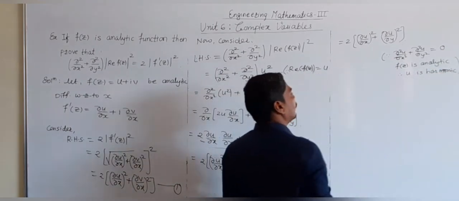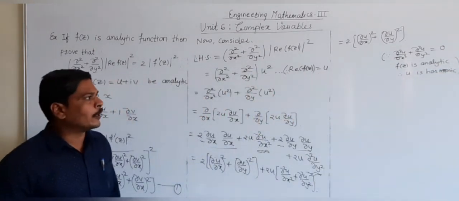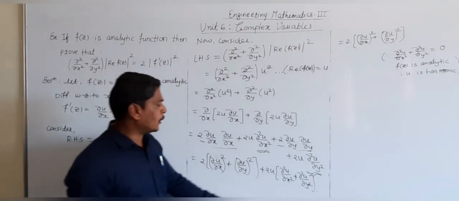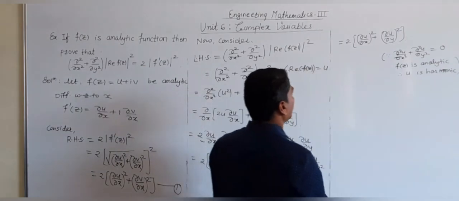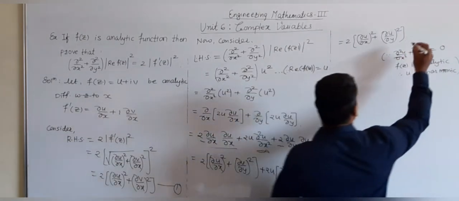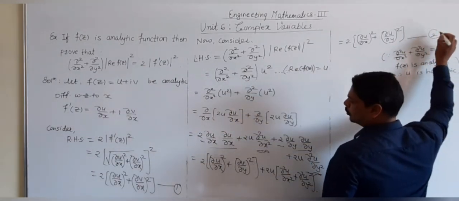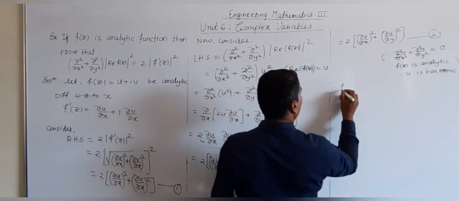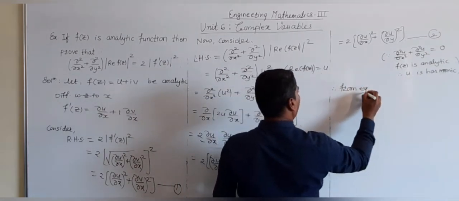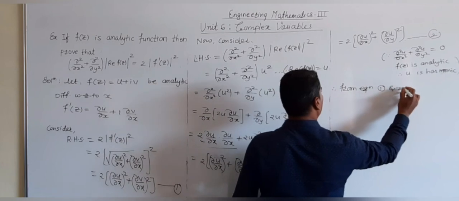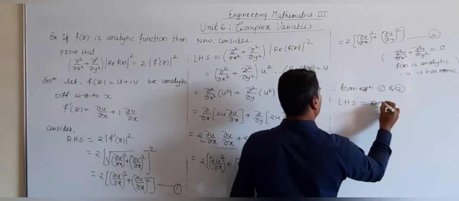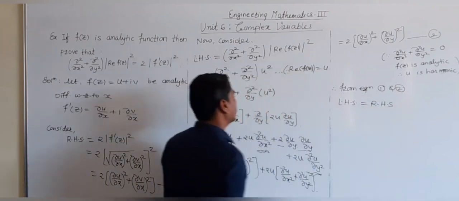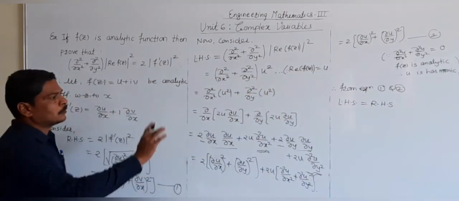Okay, if f of z is analytic then both u and v are harmonic, and that's why this second partial derivative, this Laplacian equation equal to 0. So in that way this becomes our equation number 2 and therefore from equation 1 and 2 we get LHS is equal to RHS. Okay, so this is our final answer.